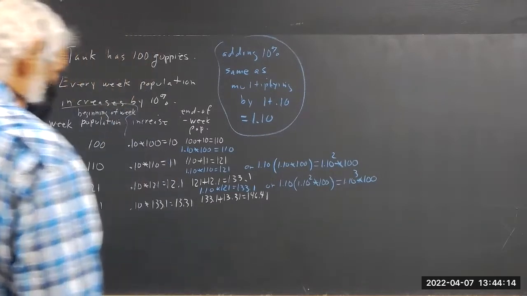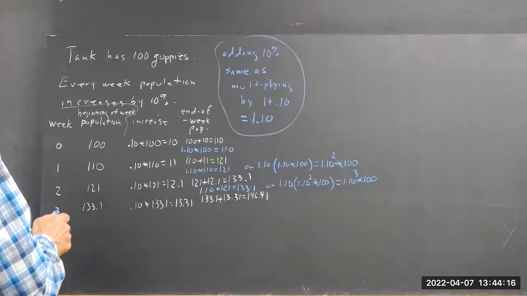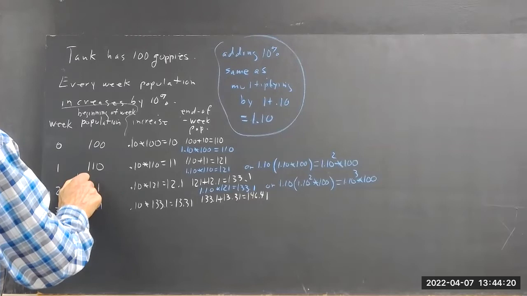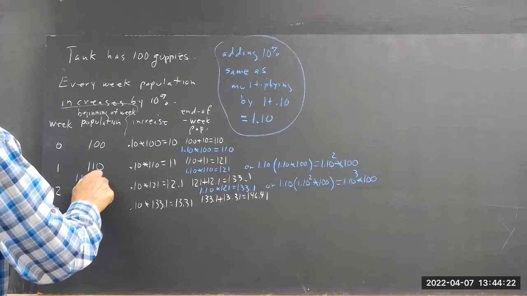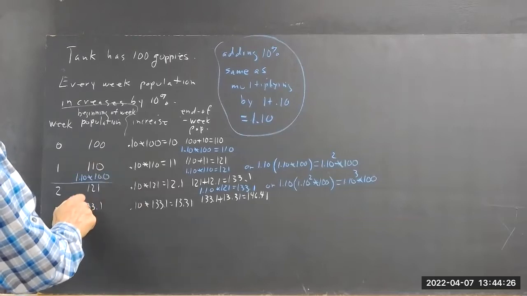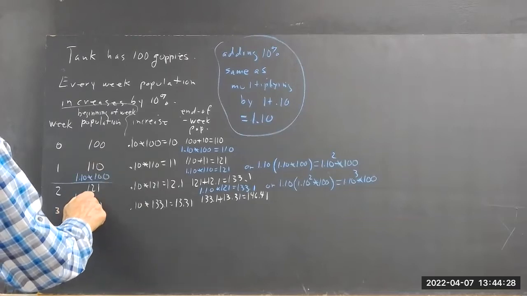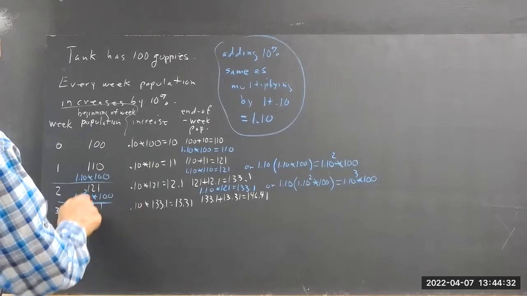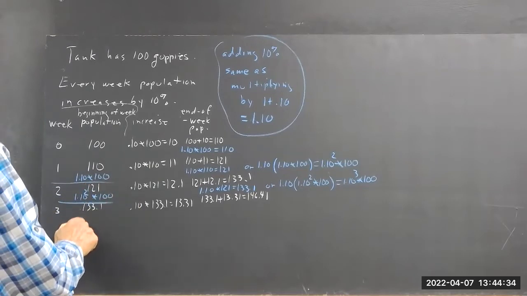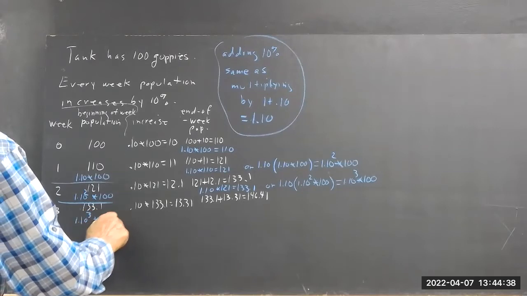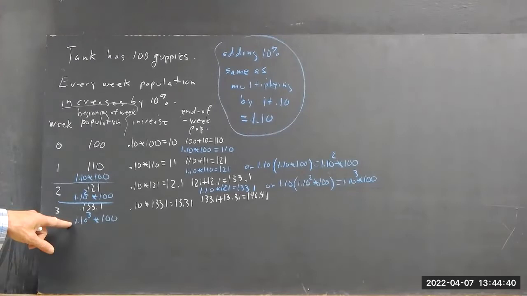So now, these numbers here are 1.10 times 100, 1.10 squared times 100, 1.10 cubed times 100.